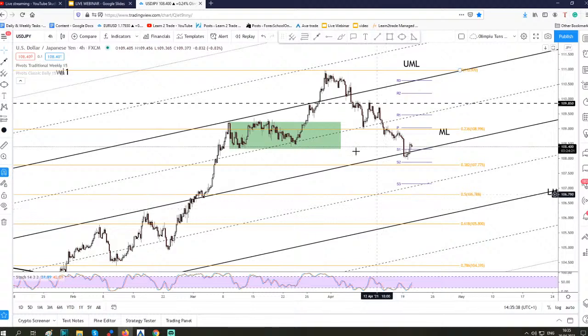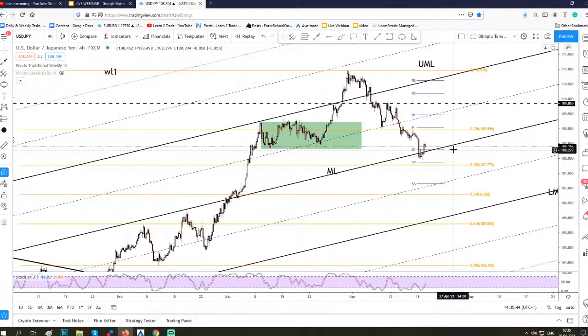So let's take a look here at the US dollar versus the Japanese yen. The price has rebounded from this medium line, from right below the weekly support, because the US dollar index, the DXY, has jumped, has rebounded, has bounced back, as I showed you earlier.